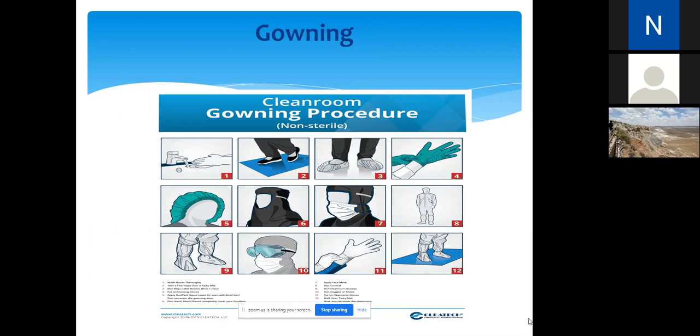For example, before you even get dressed in your clean room garment, you need to decide where your phone is going to be. If your phone is going to be inside your pockets, inside your gown, you have to keep it there whether it rings or not. You can't be opening your clean room garment to get your phone once it rings.